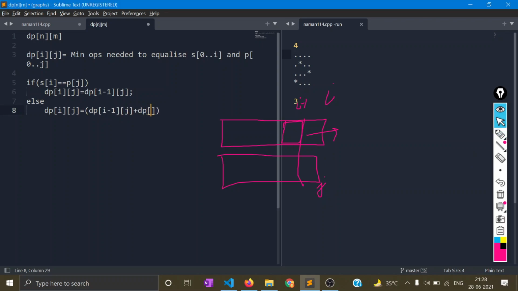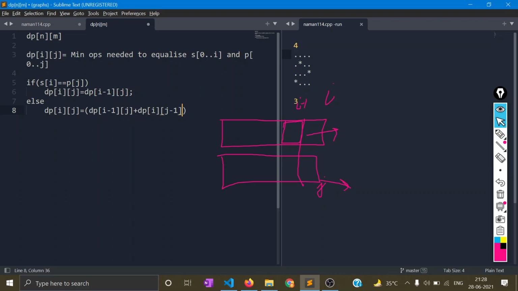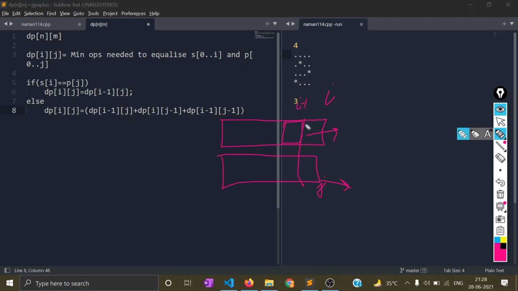The next condition is dp[i][j-1], where I can remove the jth character. The next situation is we can replace i with j. If we replace either i with j or j with i, then we would be decrementing both of them, because both are not equal. So if we have replaced, then these two are equal.